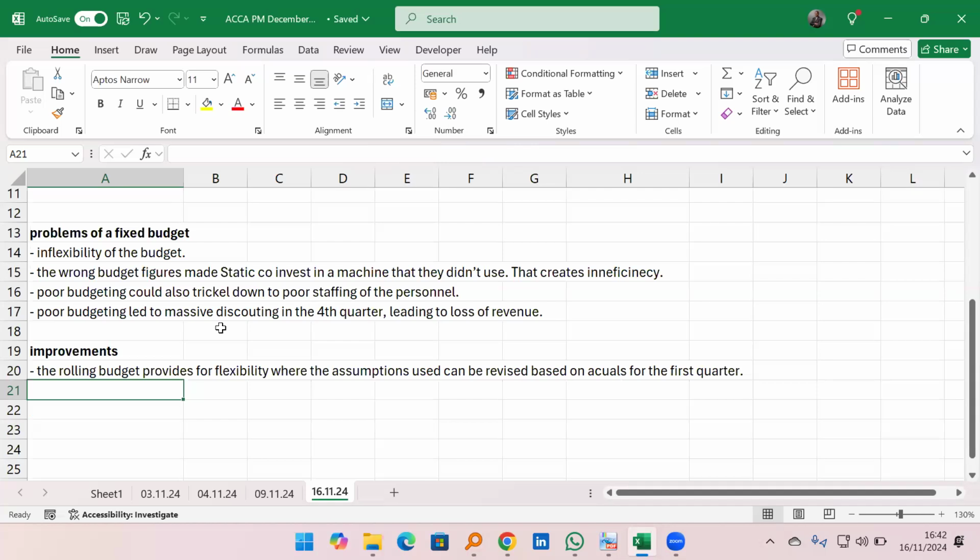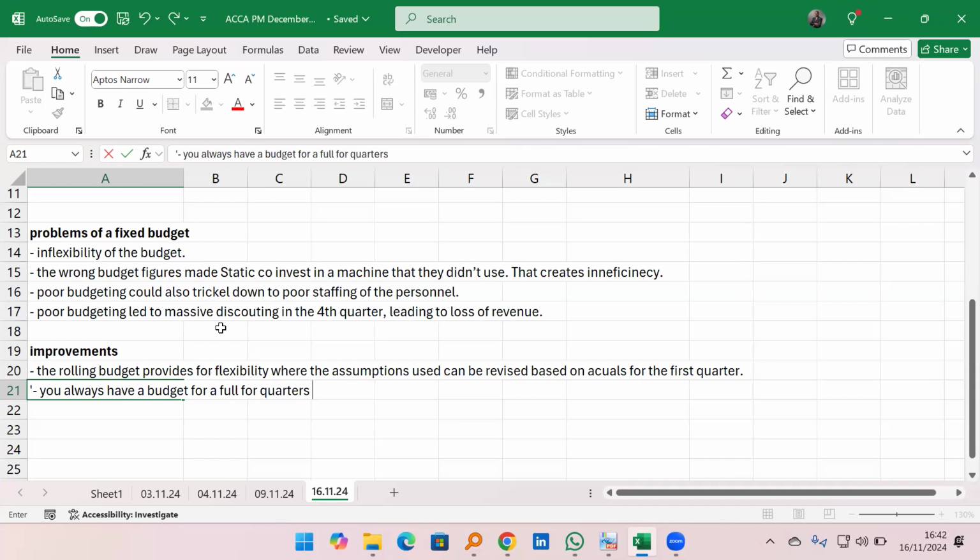Then the other thing that they can give you, because this is the purpose of the rolling budget, is that you always have a budget for a full 4 quarters at any time.